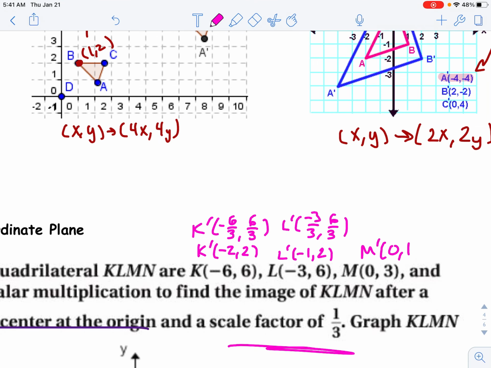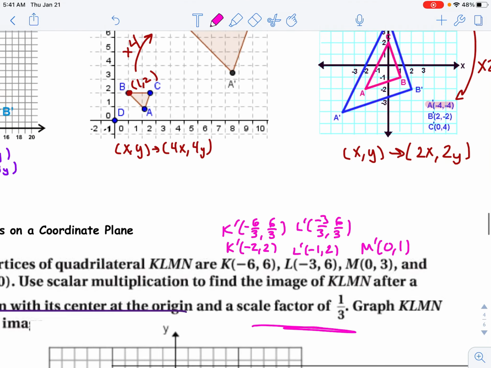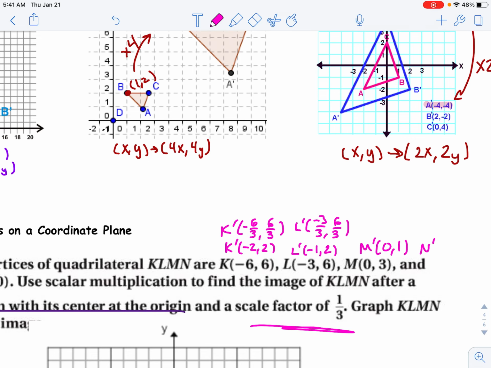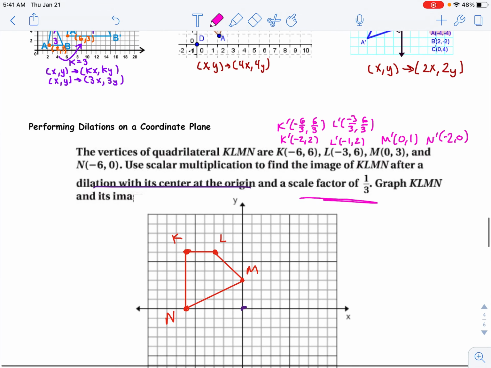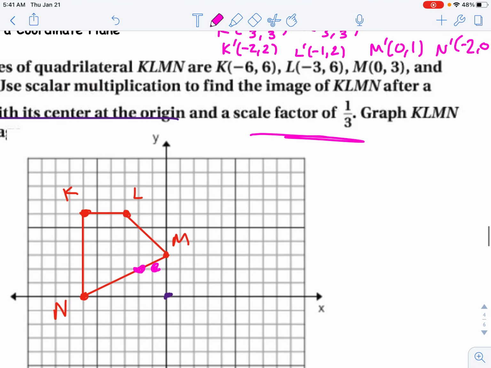If you can do mental math, you could say M prime is 0, 1, and N prime is negative 2, 0. So that's it. You literally just multiply all the points. Boom, that's K prime. I'm not going to write the letters down because it might get a little too tight. I may have to extreme close up.